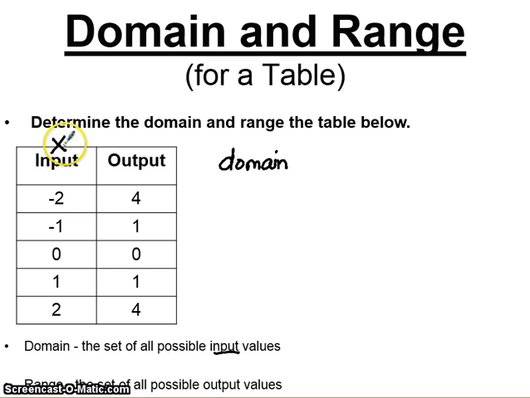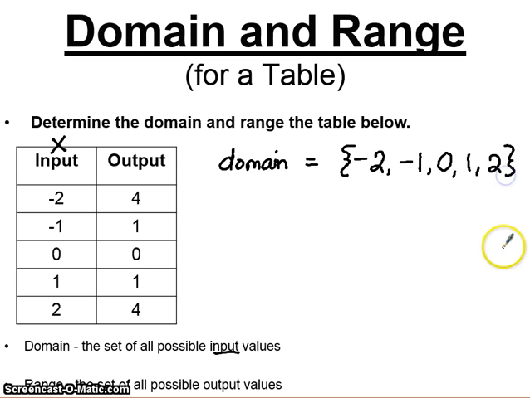Sometimes people will write X instead of writing the word input. So if we look at the domain column, or the input or X column, the numbers that the inputs can be are -2, -1, 0, 1, and 2. These are the possible input values. Those are called the domain.